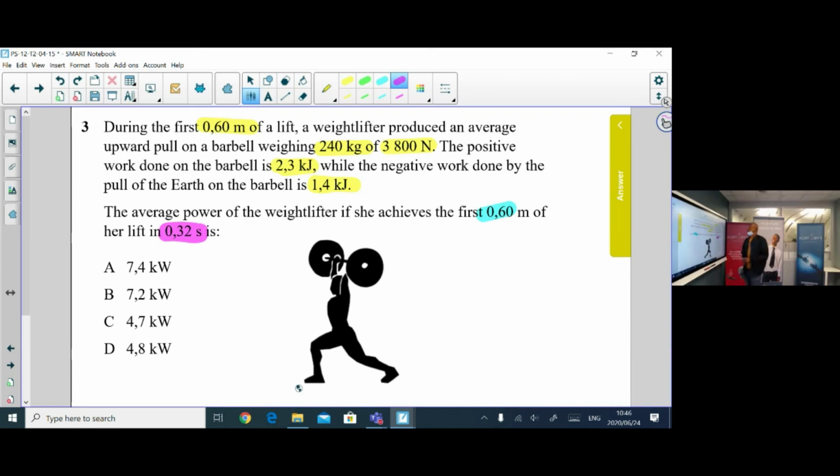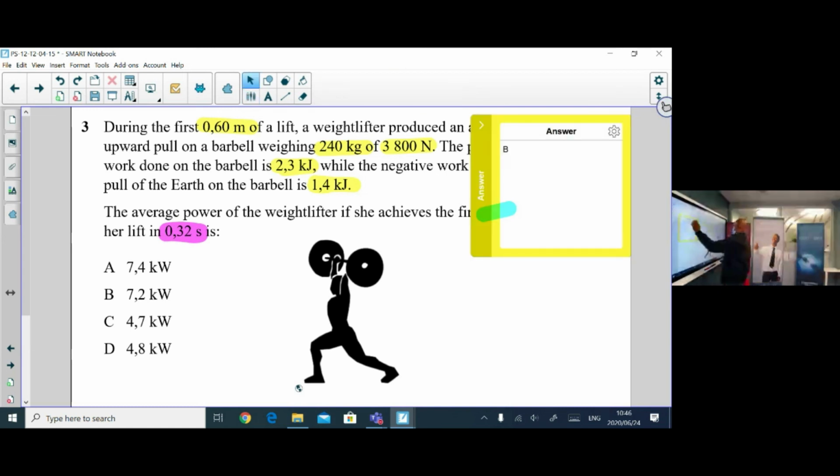If you have some problems, we shall see this tomorrow. That is number B. But I gave you the formula. I gave you everything that you're supposed to use when it comes to this problem. Firstly, you have to write down the given information. What are they looking for?